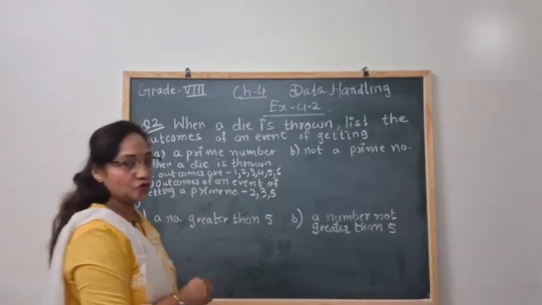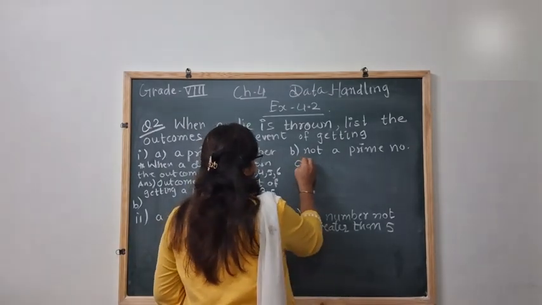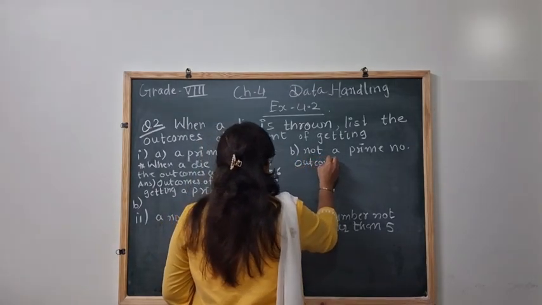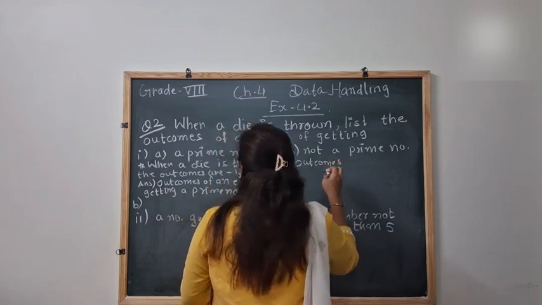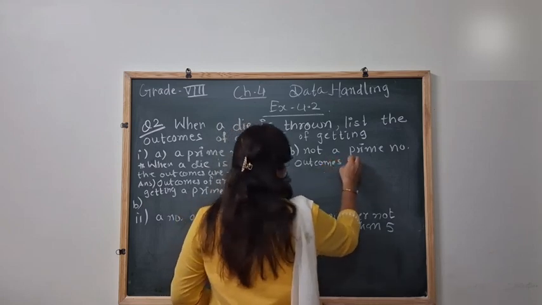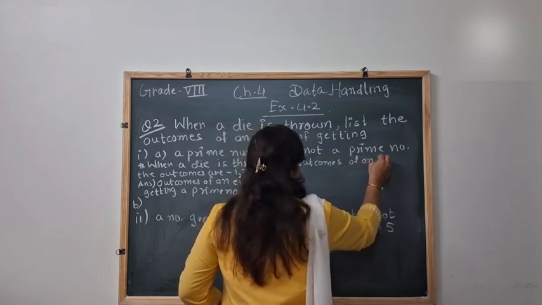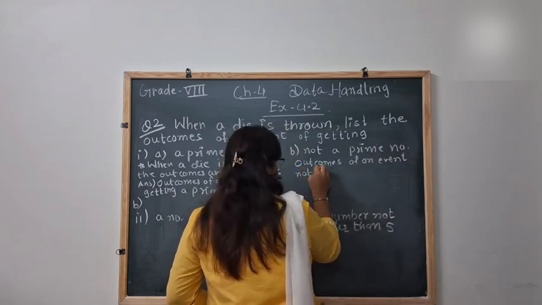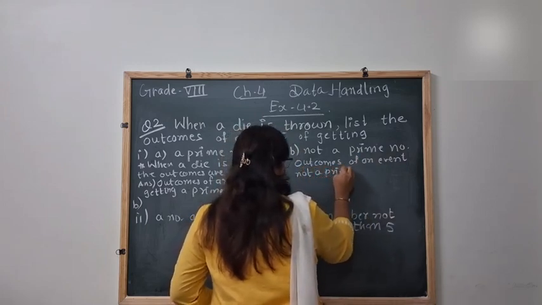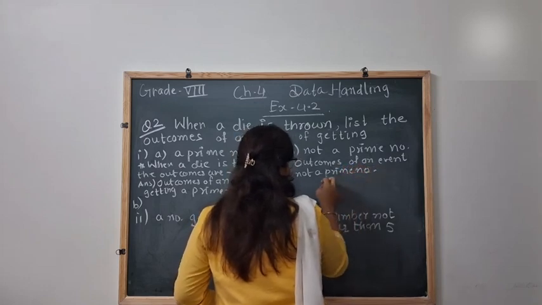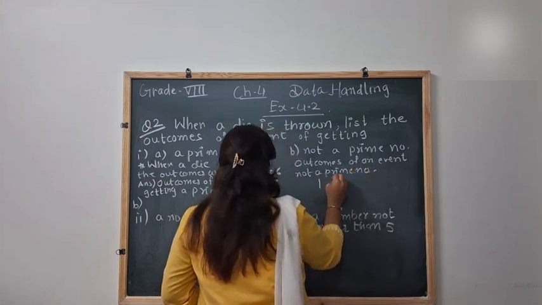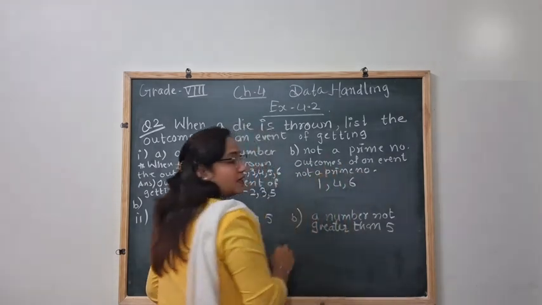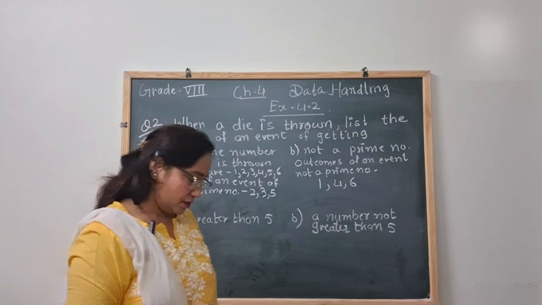Okay, so let us write it. Outcomes of an event not a prime number. So you have 1, 4 and 6. This is the answer over here.